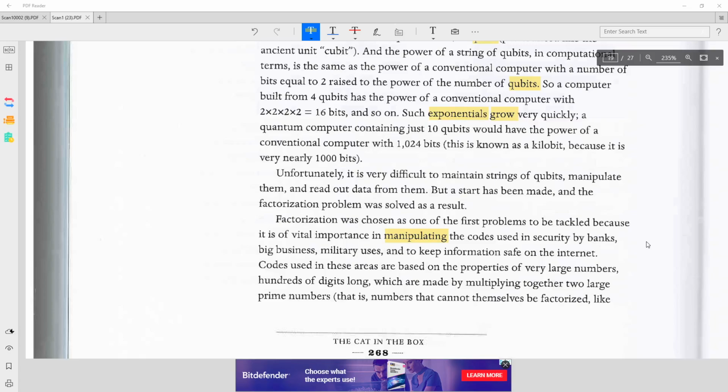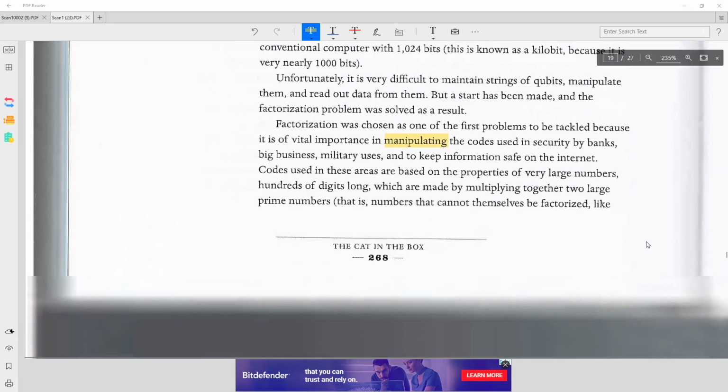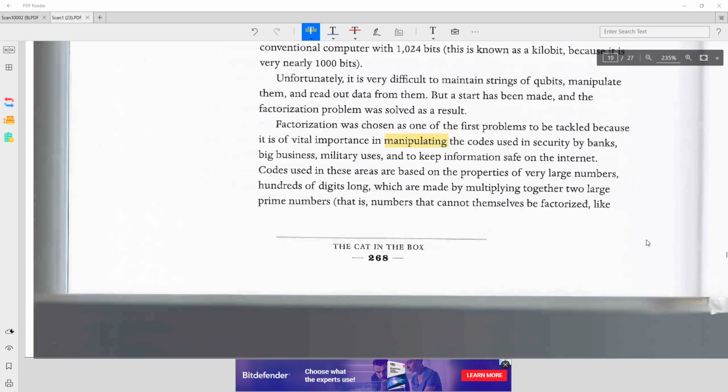But a start has been made, and the factorization problem was solved as a result. Factorization was chosen as one of the first problems to be tackled because it is of vital importance in manipulating the codes used in security by banks, big business, military uses, and to keep information safe on the internet.